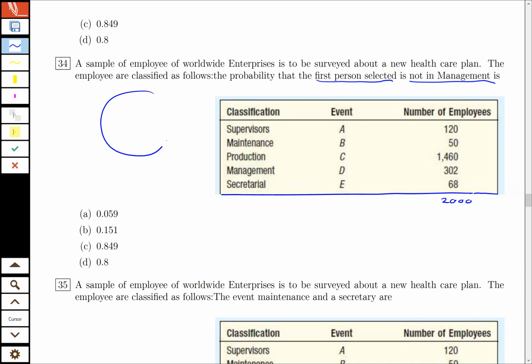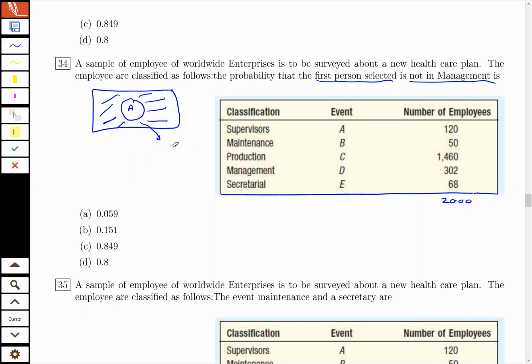If this is the event A, and that is B, what's a complement of A? If I have here a complete space, and this is A, this is what we call not A. This is what we call the complement.